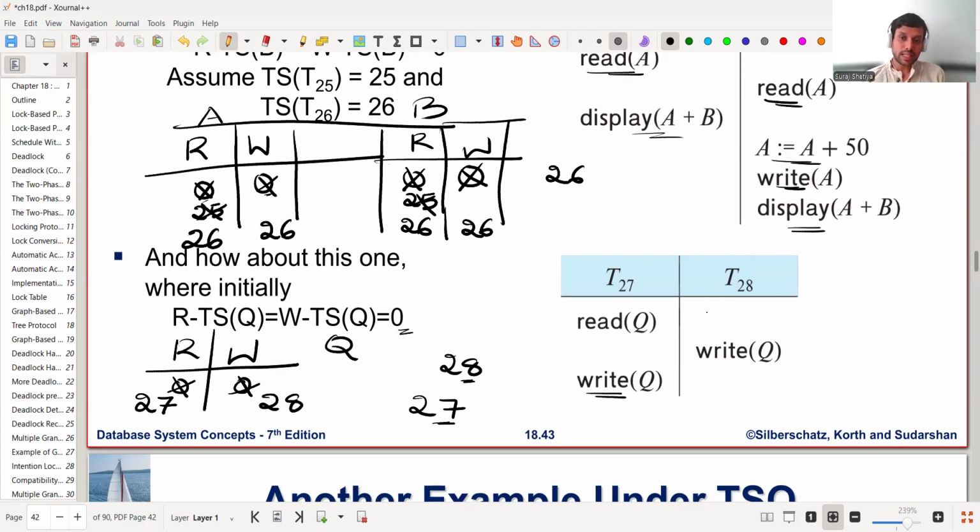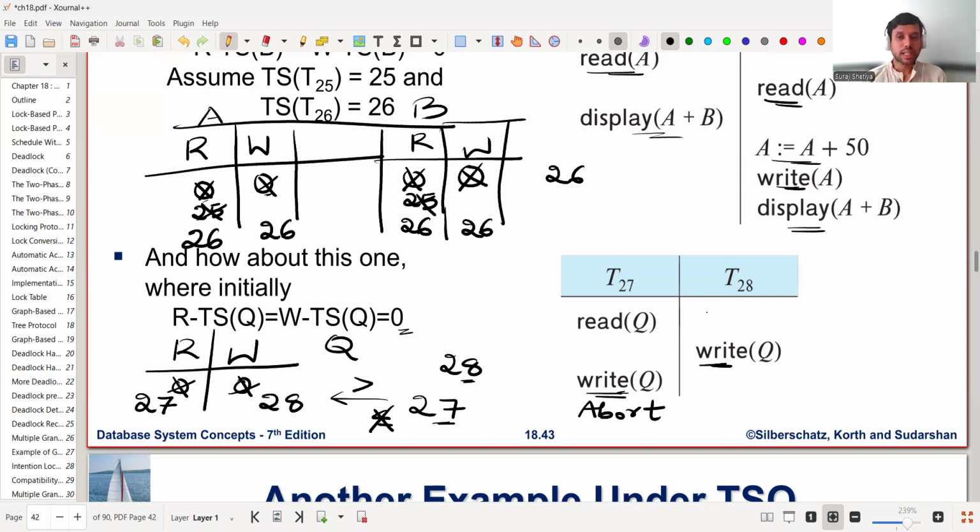Why is that? Because this read and this write conflict, and this is indicated by the inequality that 28 is greater than 27. So 27 was not greater than or equal to 28, because of which we'll have to abort here.